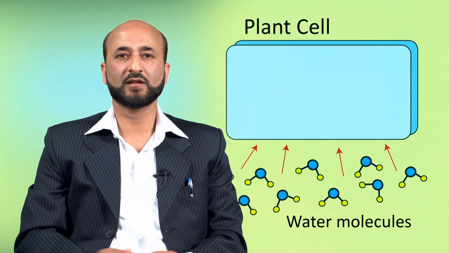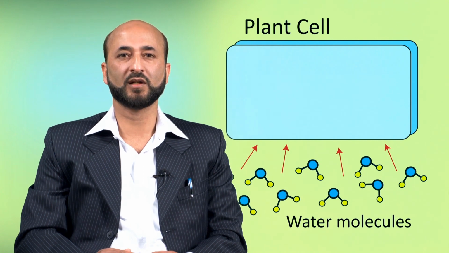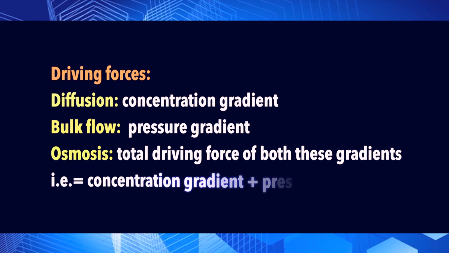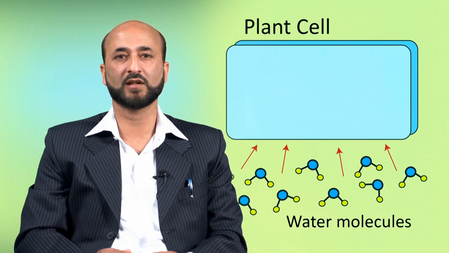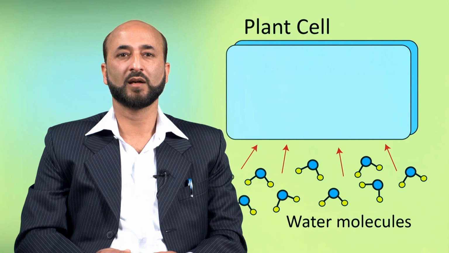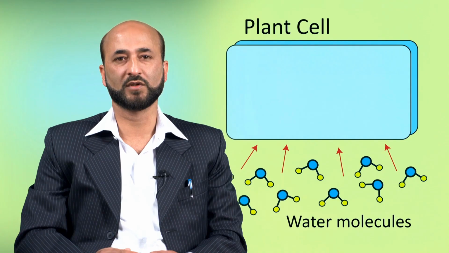While the concentration and pressure gradients are the driving forces for diffusion and bulk flow respectively, osmosis occurs spontaneously in response to a total driving force of both these gradients. That is, the direction and rate of water flow across a membrane are determined not only by the concentration gradient of water or by the pressure gradient, but by the sum of these two driving forces.